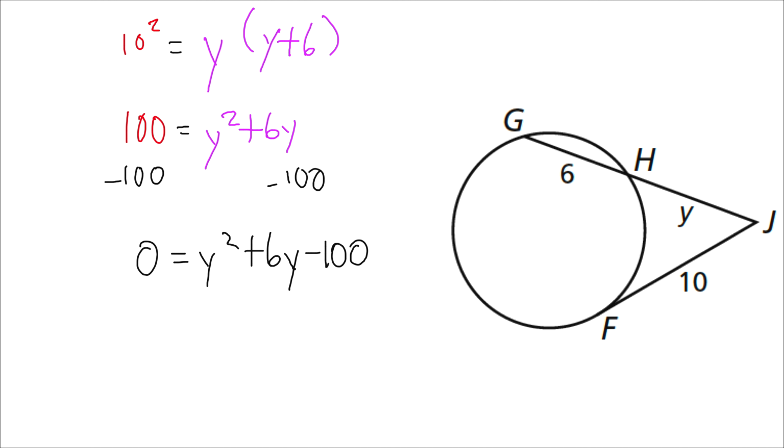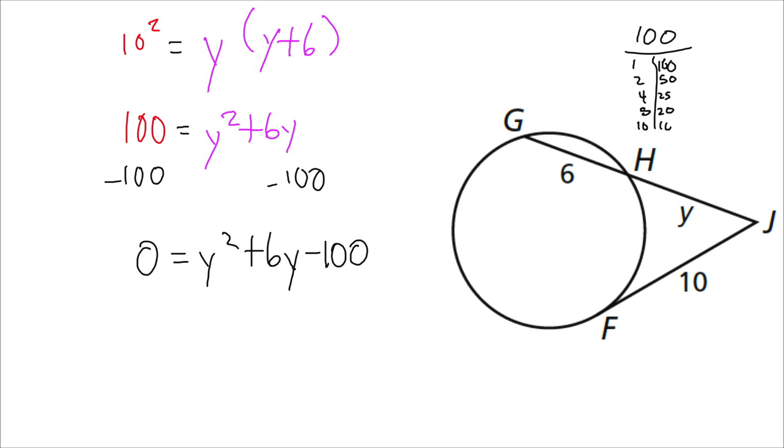Okay, so can I factor numbers that multiply by 100 and have a difference of 6? Let's see if there's one that's good. So let's see, there's 1 times 100. There's 2 times 50. There's 4 times 25. There's 5 times 20.